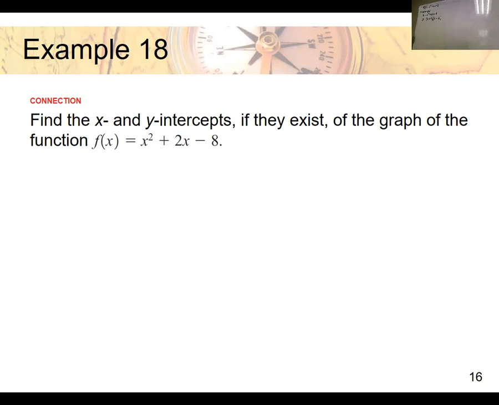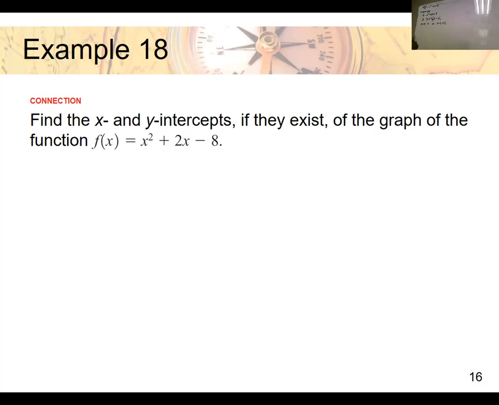Equal to 0. And then the next step would be to set each of these binomial factors equal to 0. So x plus 4 equals 0, or x minus 2 equals 0. And then I'll solve each equation for x.